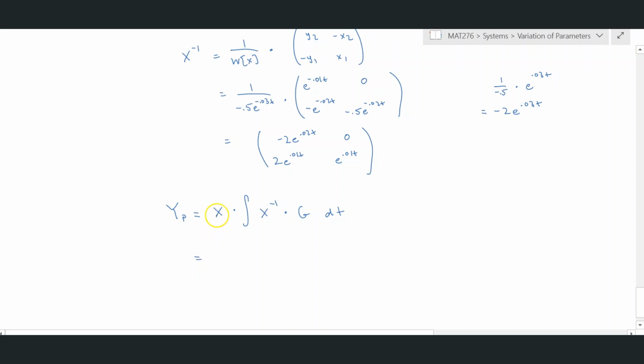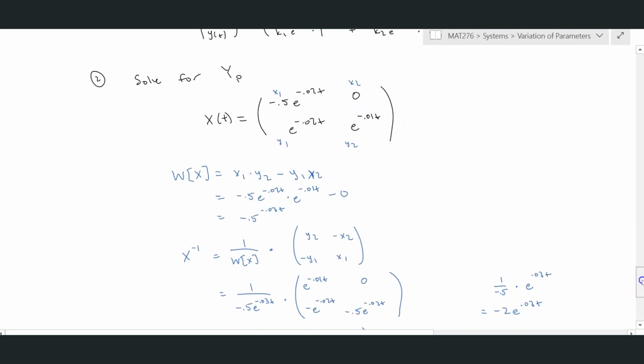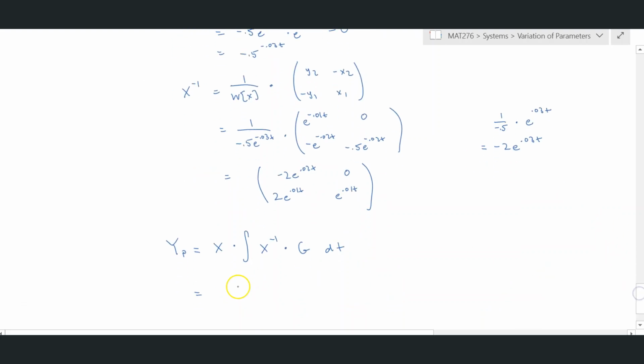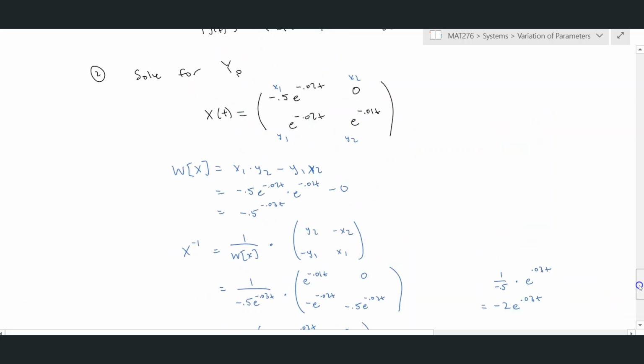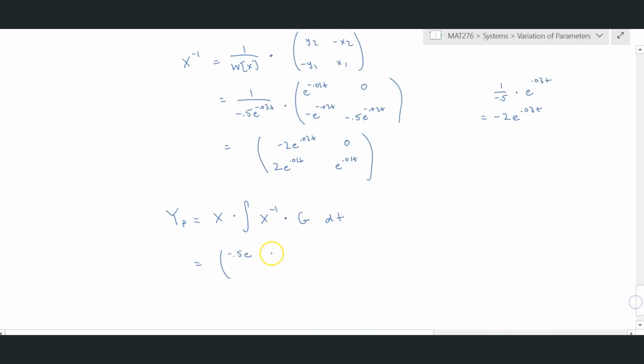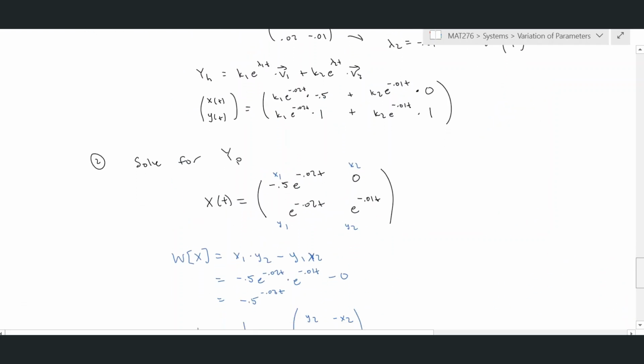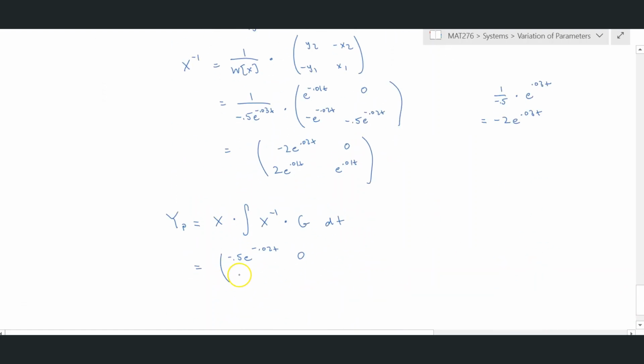Let's plug things in. X is this guy here, negative 0.5 e to the negative 0.02 t, 0, e to the negative 0.02 t, and e to the negative 0.01 t.